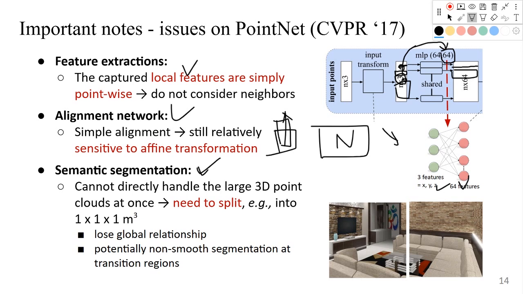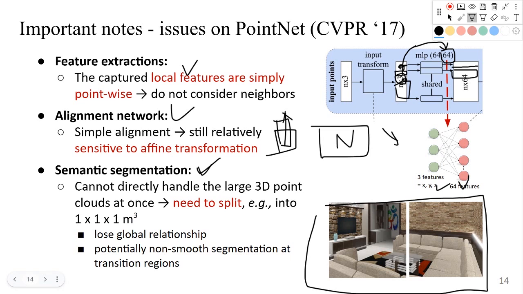And then the third issue is related to semantic segmentation. If we have a very large 3D point cloud, for example 1 million points constructing this indoor scene, typically PointNet and other pioneering 3D backbones split the large point cloud into 1 by 1 by 1 meter cubes. There are some issues with this kind of splitting.